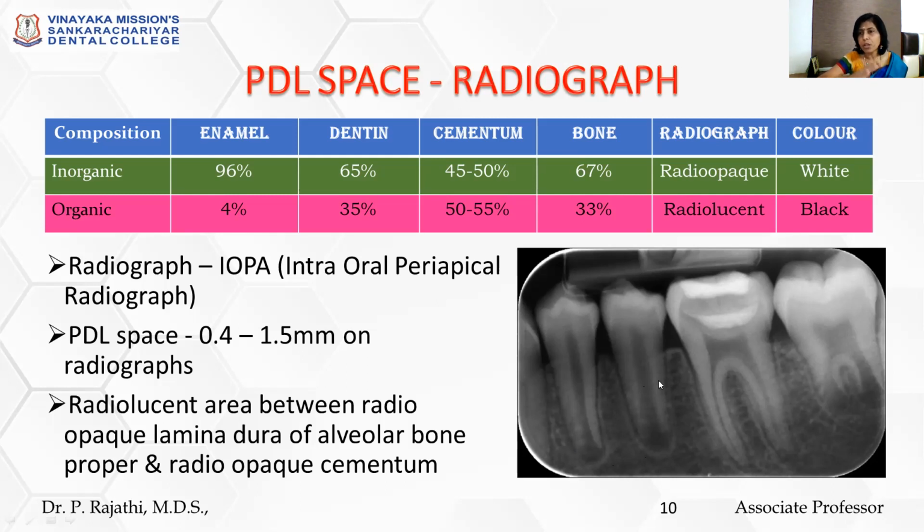Both are radio-opaque, right? And at 65% and 50%, there is very minimal difference in the percentage. So you cannot appreciate much demarcation, and also the cementum is thin, so you cannot appreciate that in a radiograph. Bone, you can see, is more of a cancellous nature.